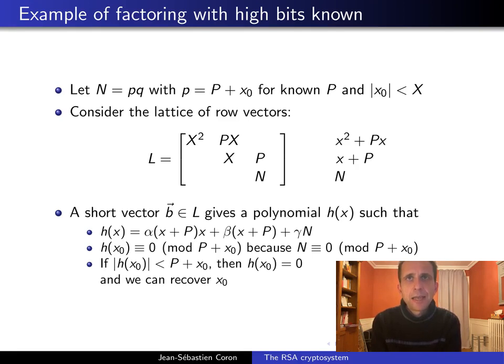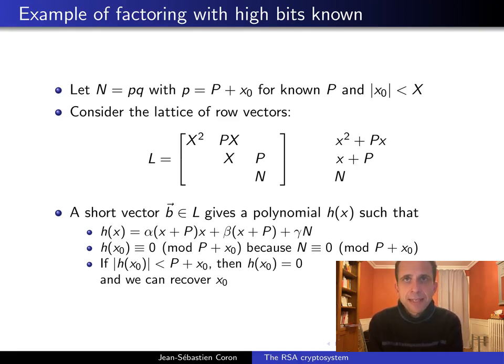As previously, by applying LLL, we can obtain a short vector in the lattice, a linear combination of the three rows. This gives us a polynomial h(x), which will be a linear combination of the three corresponding polynomials. So h(x) will be alpha times (x plus P) times x, plus beta times (x plus P), plus gamma times n.